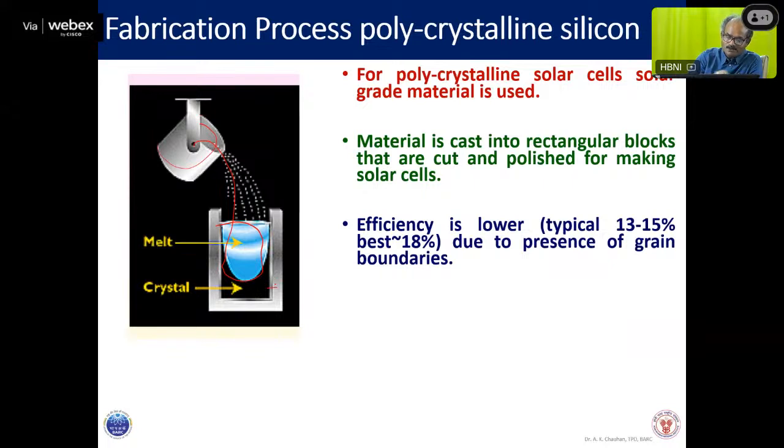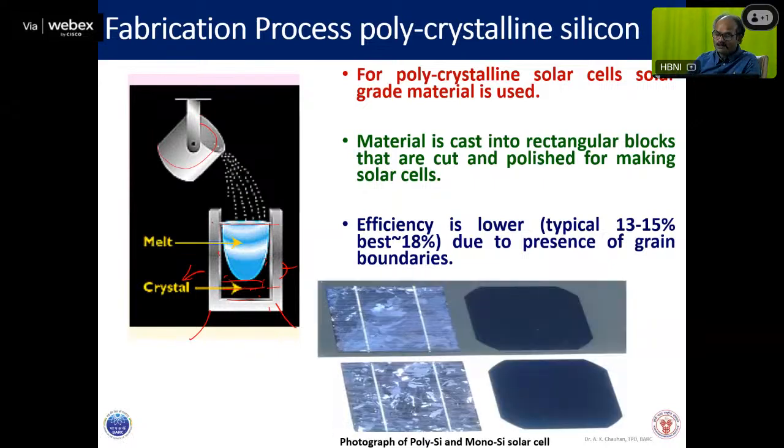What will happen after some time? The heat will be lost from all these surfaces, and this will start solidifying. You are pouring liquid, but it is getting solidified. This will not be a single crystal. It will be polycrystalline.